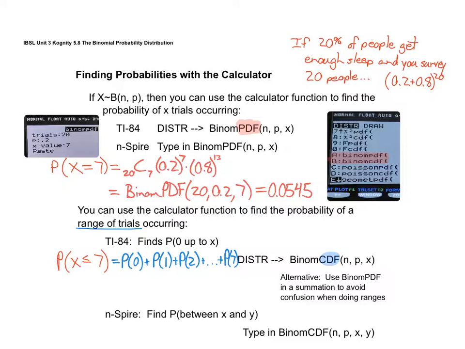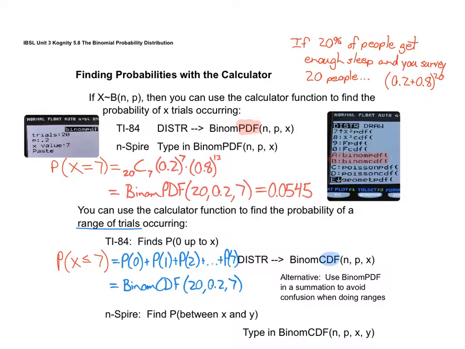Now this is really nice because we don't have to do 8 different problems here and simplify them all. We can use our calculator and we would do binomial CDF, and you put in N, which again is 20, P, which is still 0.2, and X, which is 7 again.